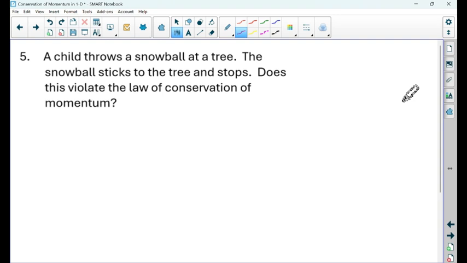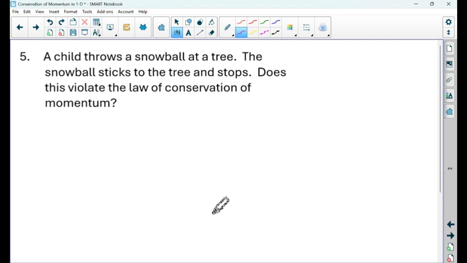We don't actually notice the earth moving because the mass of the earth is so gigantic that that small force doesn't really affect it at all. Similar with momentum. The change in momentum of the tree and earth system is so tiny that you're not actually able to perceive it, even though that tree might move the tiniest bit.